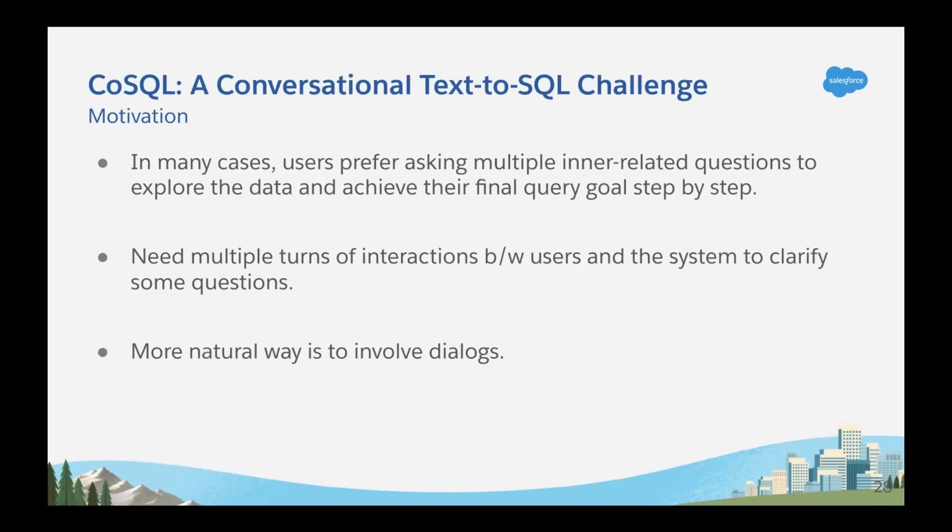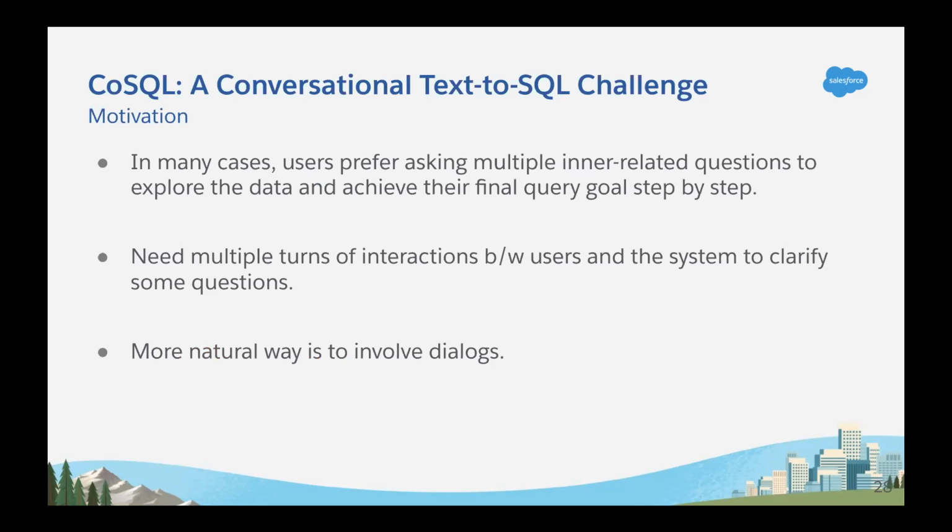Then after we published the SParC dataset, we got many people's feedback, and people told us it's not natural, because when people interact with the system to ask questions step by step, you cannot assume each step always gets useful information, and each step is always based on the previous step.